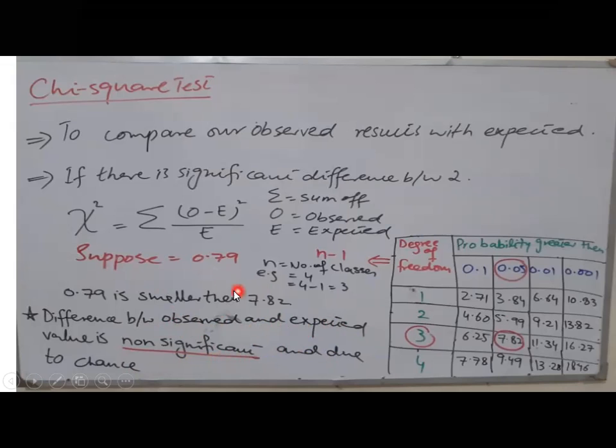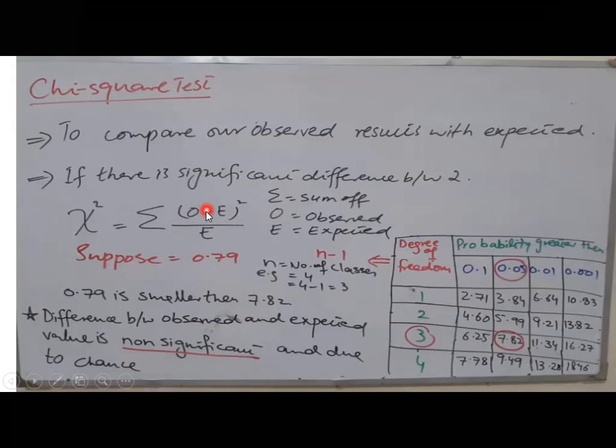Our value 0.79 doesn't lie at any place in this whole chart. So it means that the difference between the observed and expected values is non-significant and due to chance. So there is no significant difference between our observed and expected values.